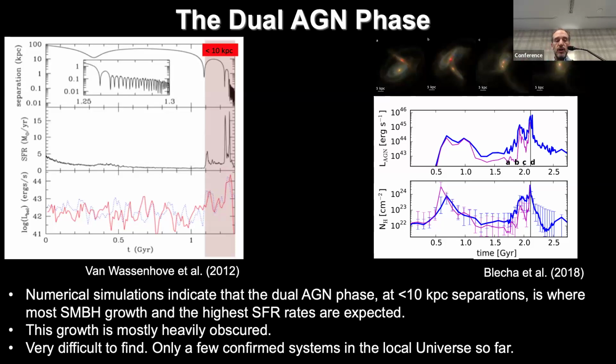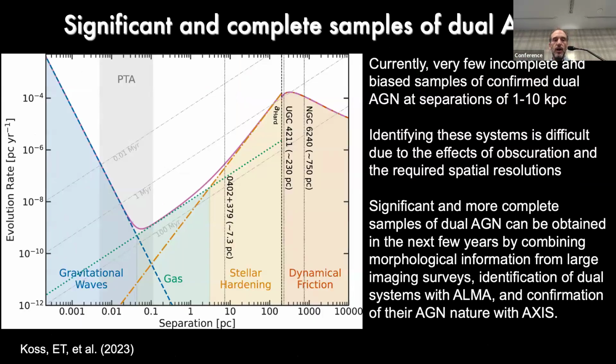Now, at least in the local universe, we have a few confirmed systems. We have been working hard in expanding this sample, but again, it's a very difficult and challenging task. We have samples of very few sources of confirmed dual AGNs. They have separations ranging from about 1 to about 10 kiloparsecs or so.